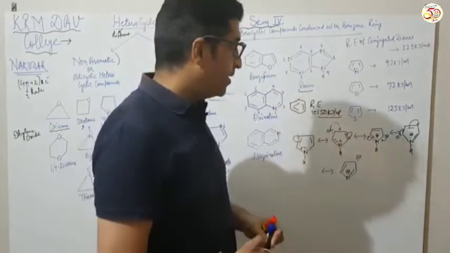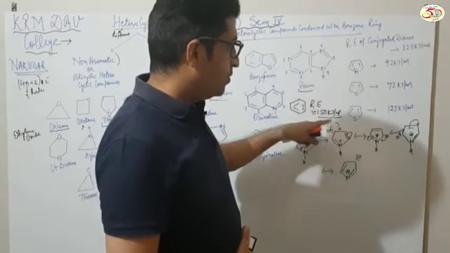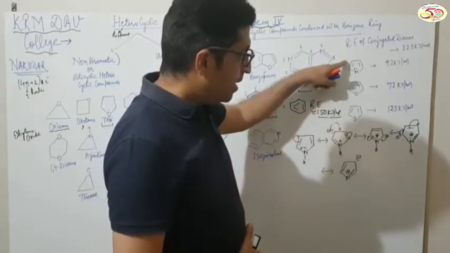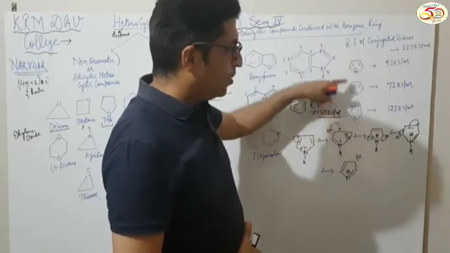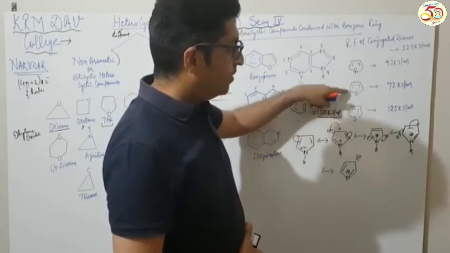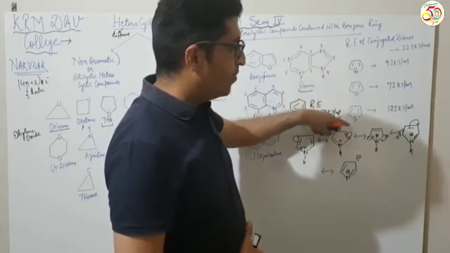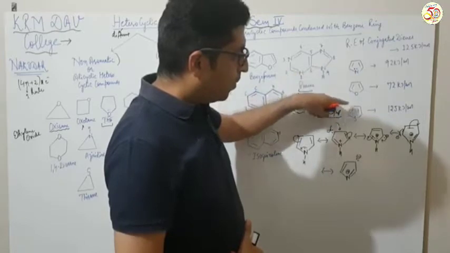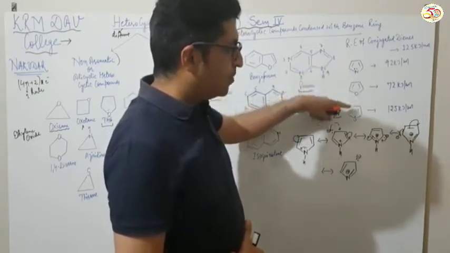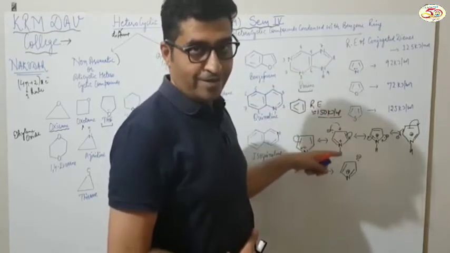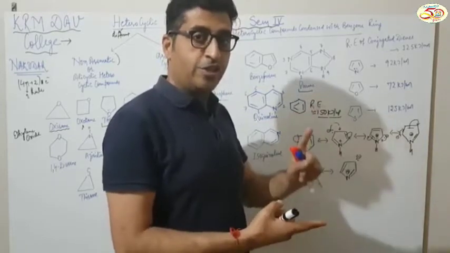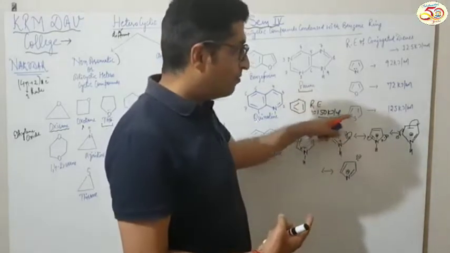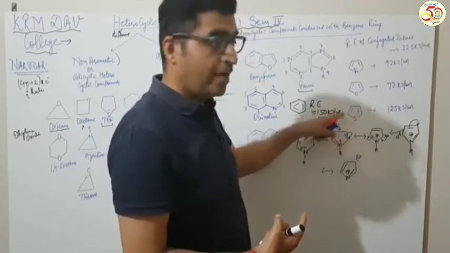Not only this, if we compare the molecules, these 3 are 5-membered rings, and all 3 types are contributing 6 electrons. So 6 electrons are coming from 5 atoms, 1, 2, 3, 4, 5.